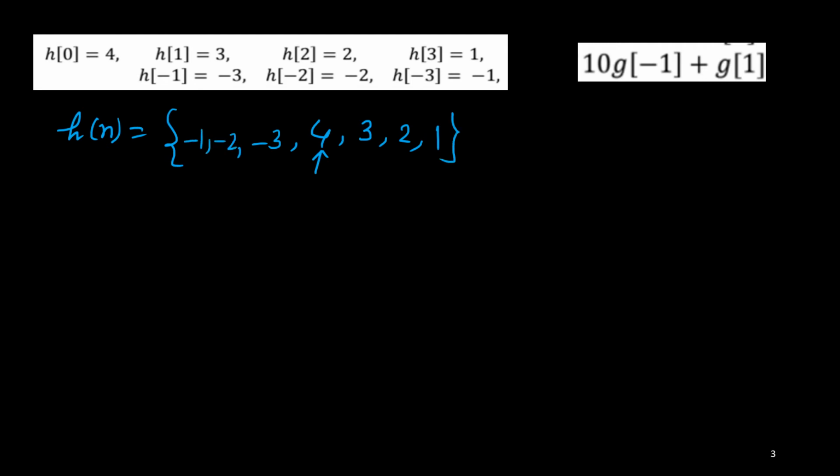That's all. And g of n is not given, but it is of length 3. We will consider it this way: this is g0, this is g1, and this is g of -1. Only these 3 elements, and the rest are all zeros, right?